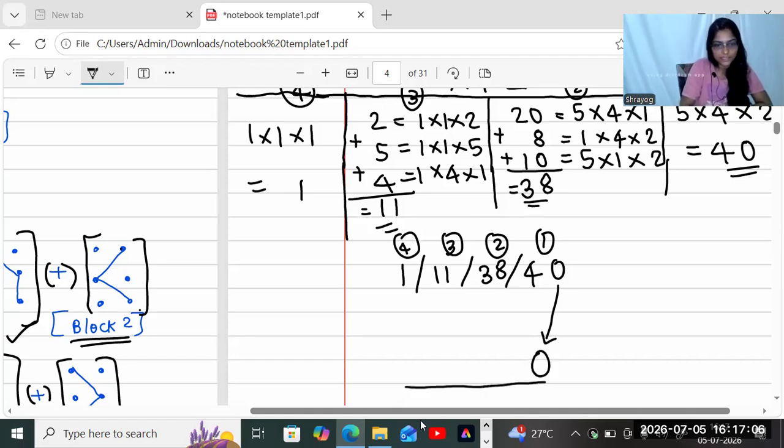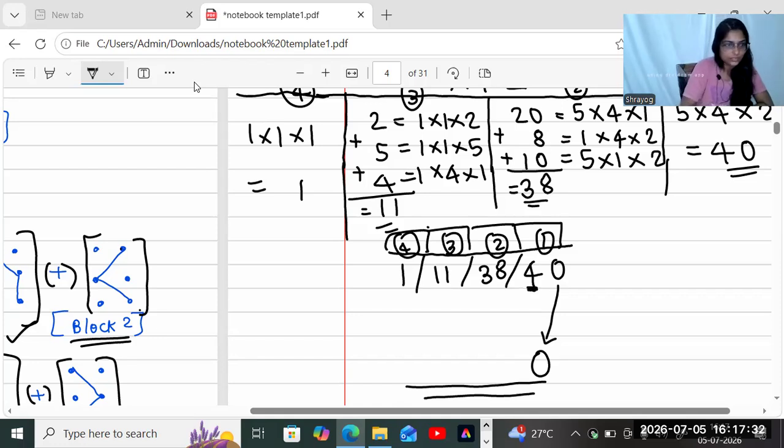This is the final answer we are making right now. Just to address the confusion, these are the block numbers: block 4, block 3, block 2, and block 1. Once I have put 0 as it is here, this 4 is the extra digit.